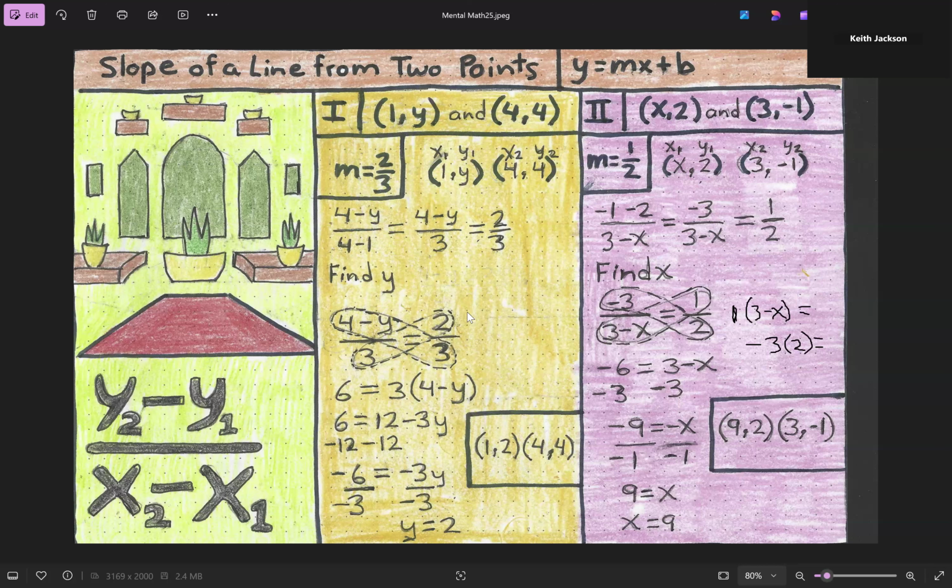We know that 3 times 2 will give us 6. And right here, now we have 3 times the quantity of 4 minus y. We're going to distribute that 3 inside the parentheses. And when we do that, we have 6 is equal to 12 because 3 times 4 is 12 minus 3y right here because 3 times a negative y will give us a negative 3y.